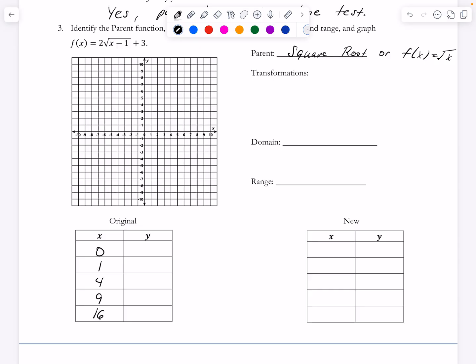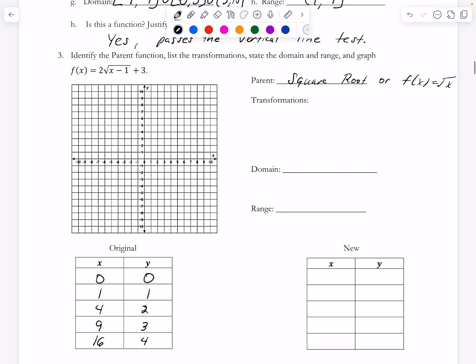So when I take the square root of those, I get 0, 1, 2, 3, 4. It is not necessary to graph the original. If you'd like, that's fine, but I'm not going to. I'm going to list the transformations. So I have this 2 in front, which is a vertical stretch by a factor of 2.